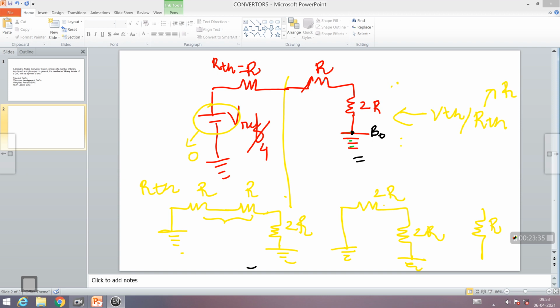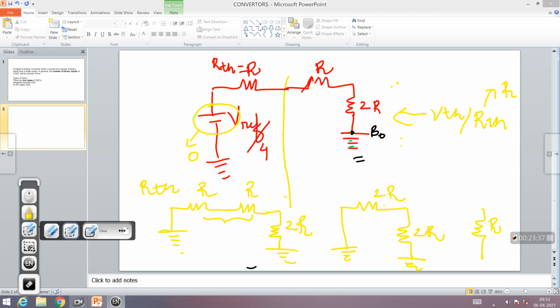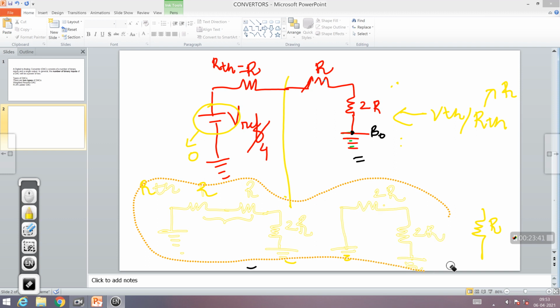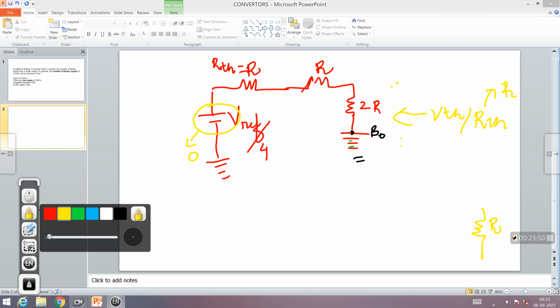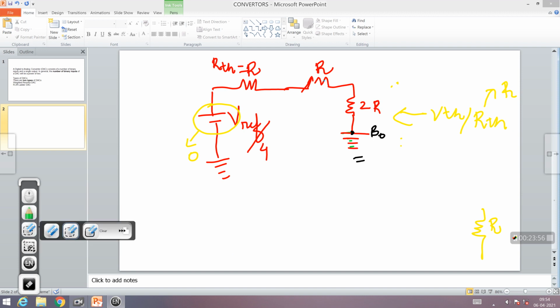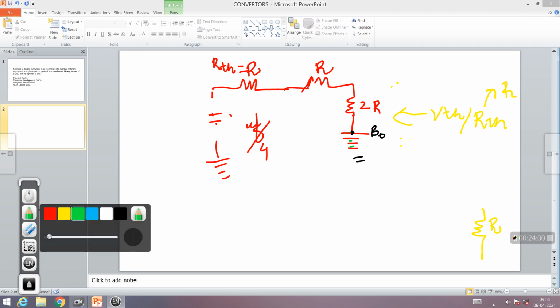Now we will find VTH. How to find VTH? I will erase this so that it won't get confused.